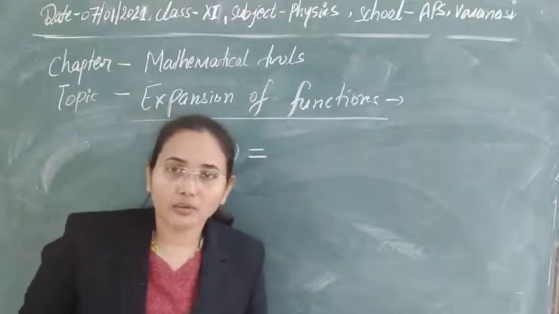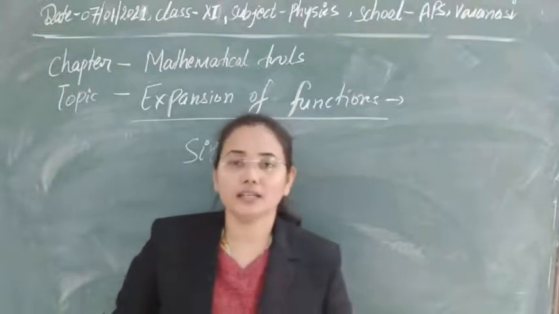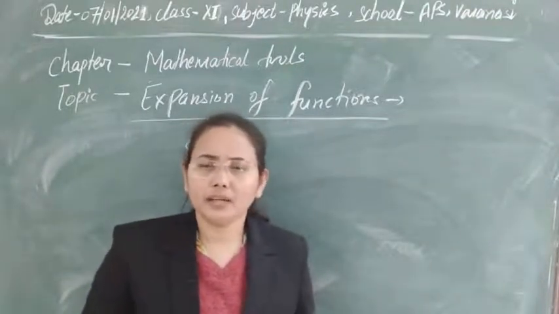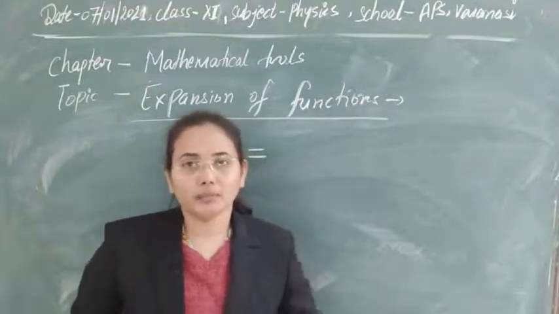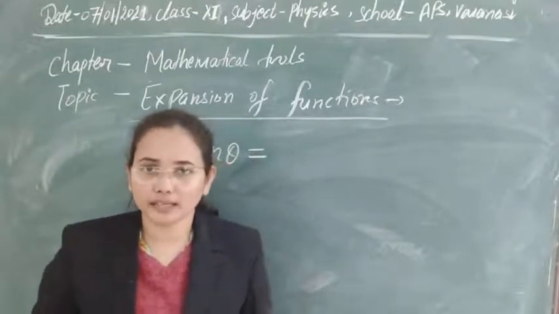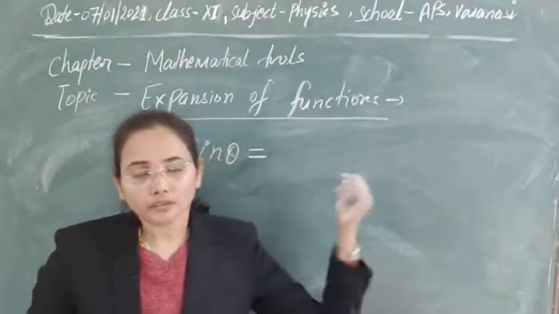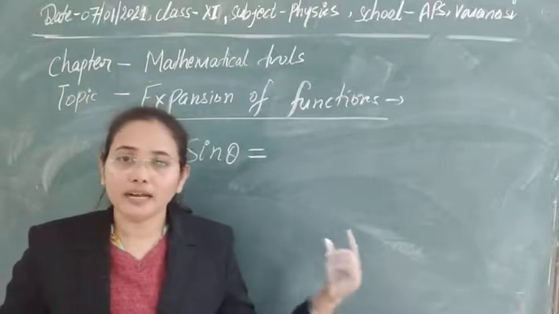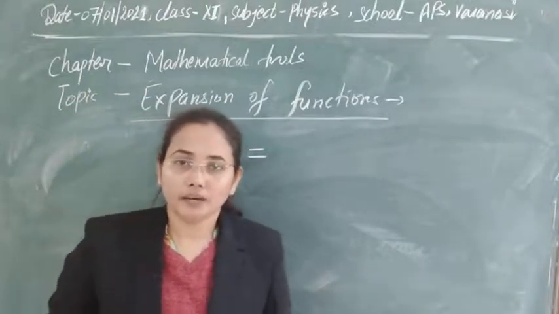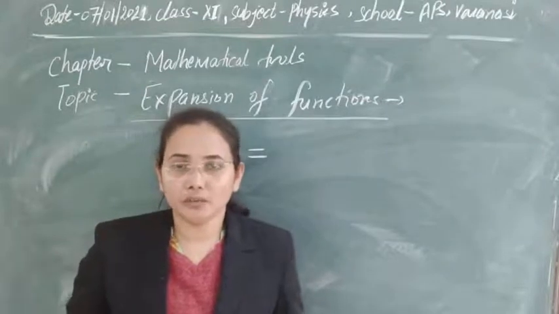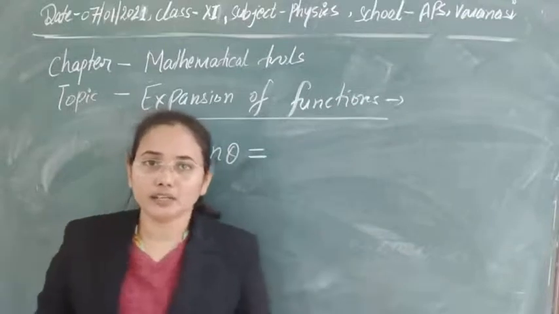You have already understood that there are a number of methods to find the value of sine theta: sine a plus b form, sine a minus b form, a number of formulas. I haven't told you that here because that is a formula based problem. But sometimes it is very difficult to factorize them and apply that formula. There we can use the expansion of the trigonometrical functions also.